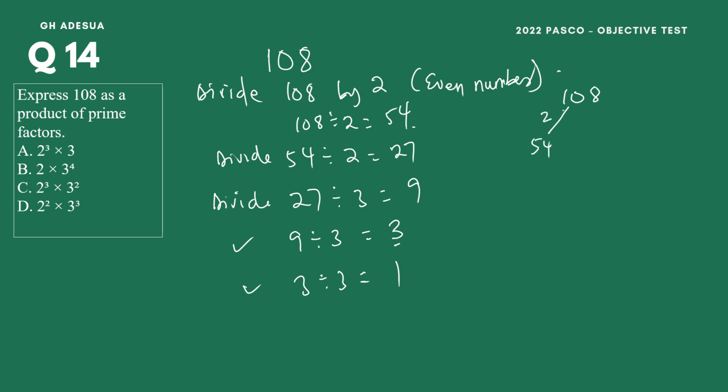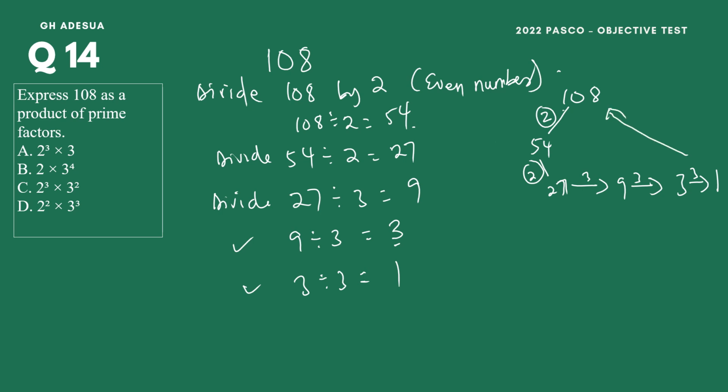Then 54 also divided by 2, we get 27. We are putting the 2s in circles. And then the 27 is further divided by 3, which gives us 9. 9 divided by 3 gives us 3, and then 3 divided by 3 gives 1. All this connects to the 108.